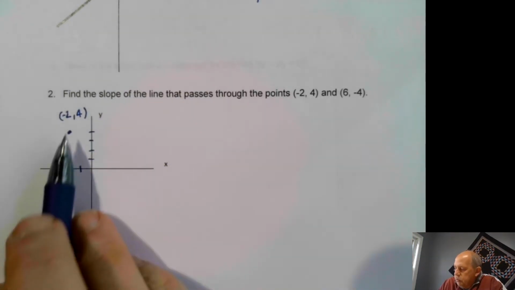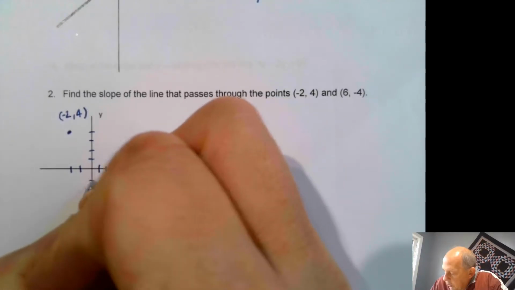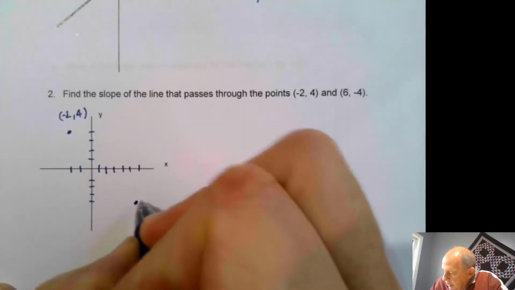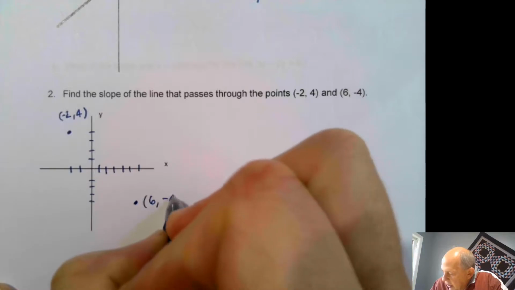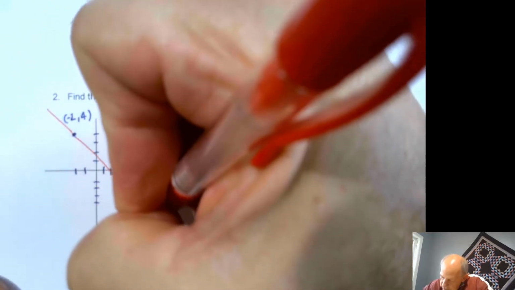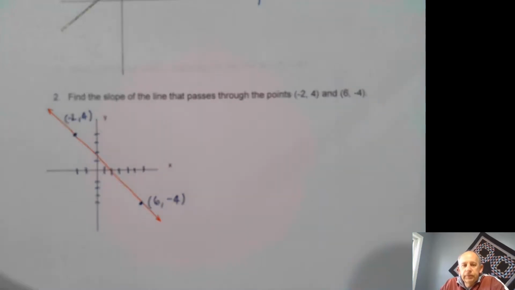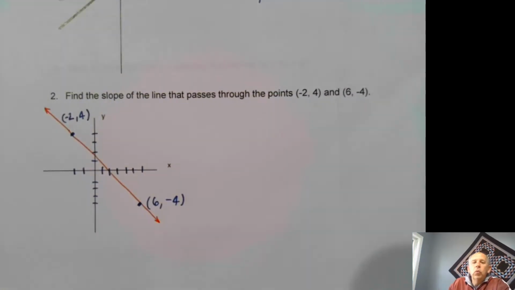There's my first point, negative 2, 4. My second point is at positive 6, negative 4. If I connect those 2 points, I can visually see my line before I've started going on with an equation trying to find the slope.